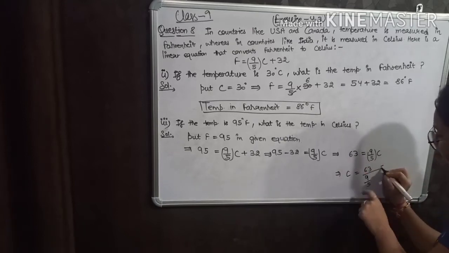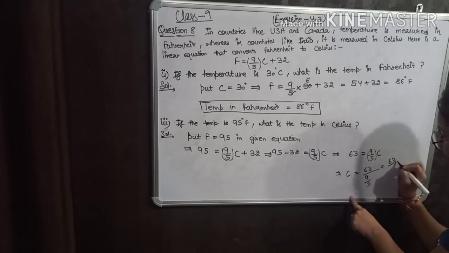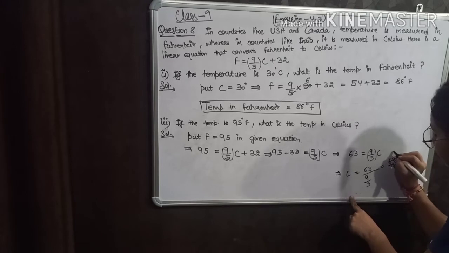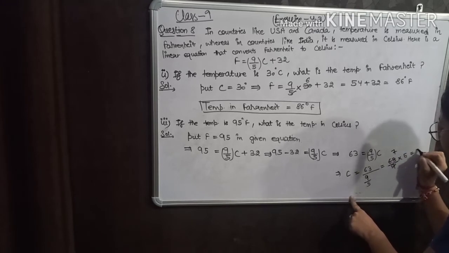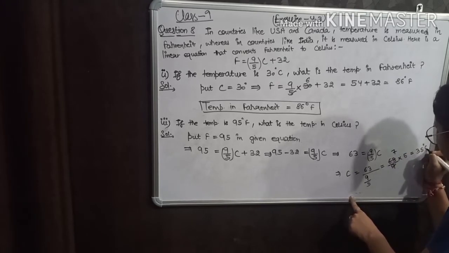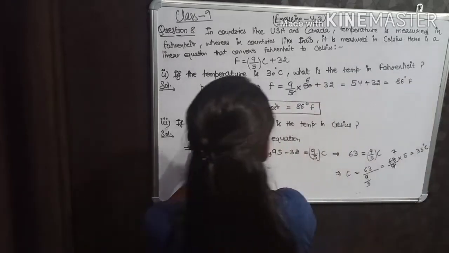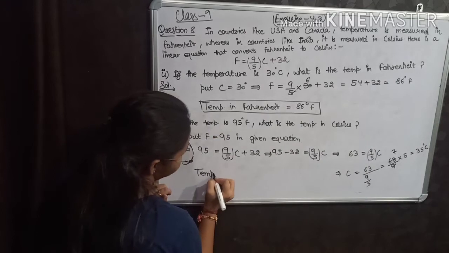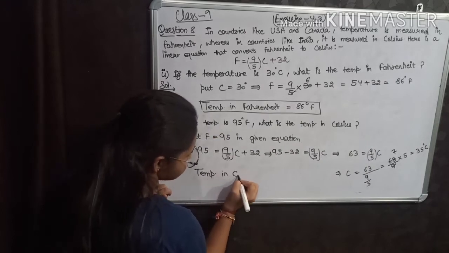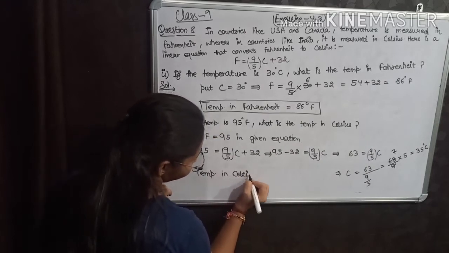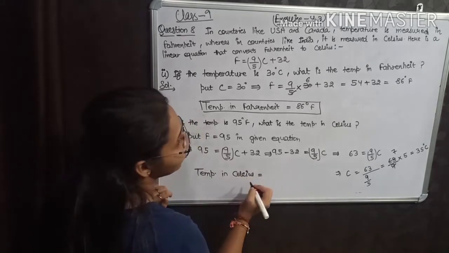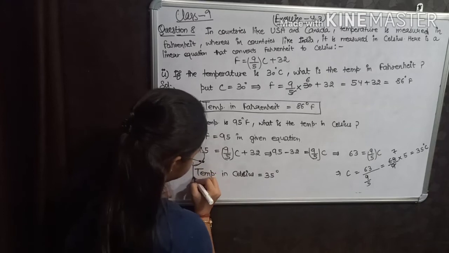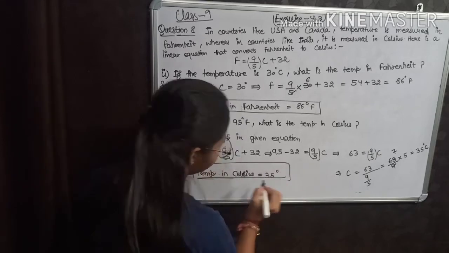And finally the value of C is 63 upon 9 and this 5 will come upside. 9 7s are 63, 7 5s are 35 degrees Celsius. So if F is equal to 95 degrees, the temperature in Celsius is equal to 35 degrees. This is the answer for the third part.